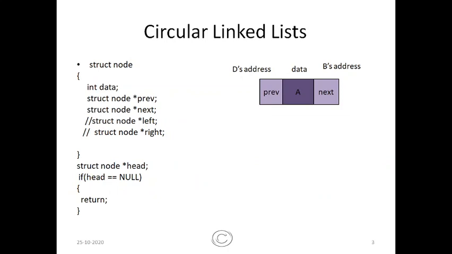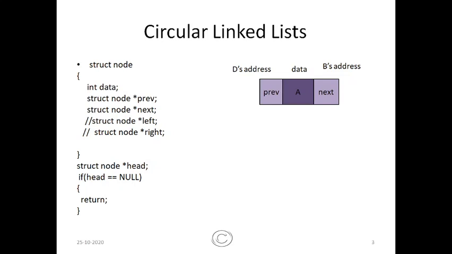Now we can define the node. It is of type struct node and it has data of integer type, int data. Then it has a struct node previous pointer and a struct node next pointer.